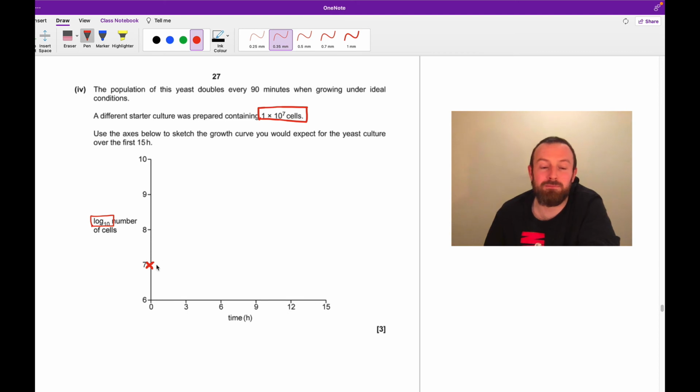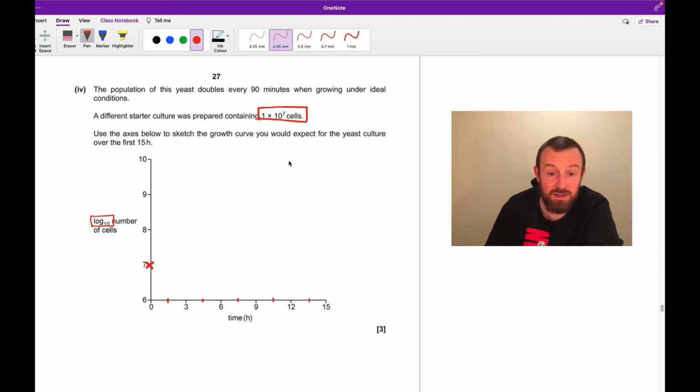How would it go up every 90 minutes? We can mark in the 90 minutes here, because 90 minutes is an hour and a half. So the 90-minute intervals are like this. It's going to go 1 times 10 to the 7. After 90 minutes, it's going to be 2 times 10 to the 7.